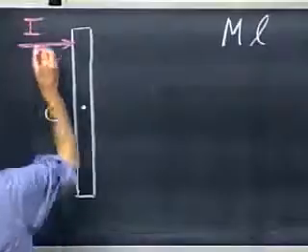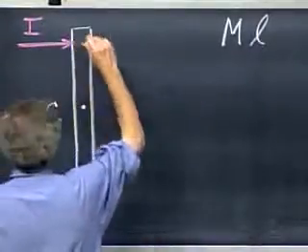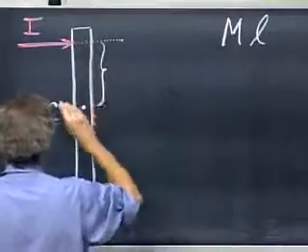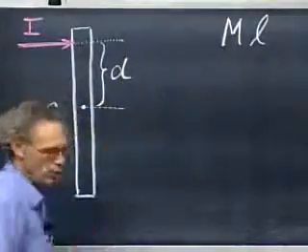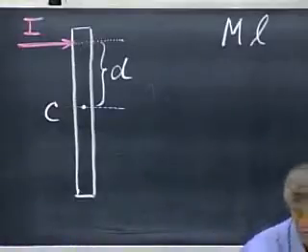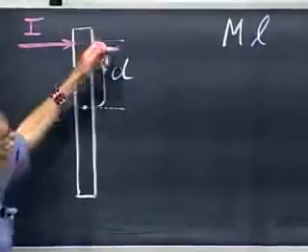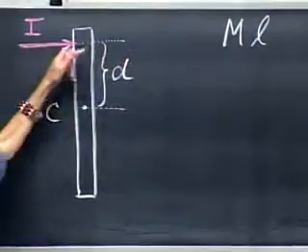Here I give it an impulse. A force acts upon it for a certain amount of time. And let this distance be, I think I call it D in your problem. And it's on a frictionless table. I do this, bang, very short hit.